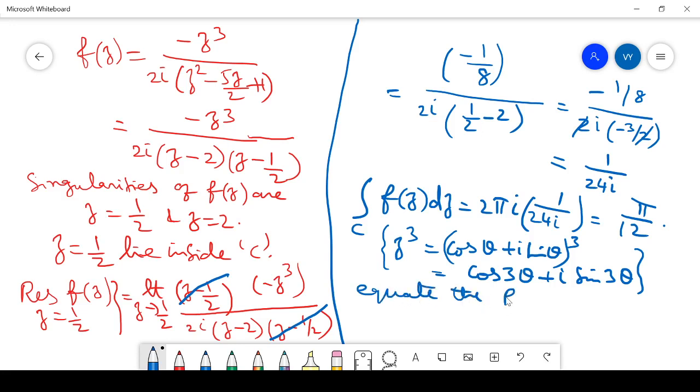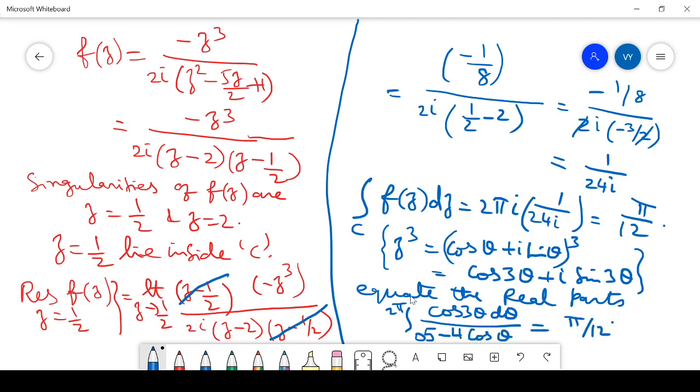When I equate the real parts, we get the integral from 0 to 2 pi of cos 3 theta d theta divided by 5 minus 4 cos theta, and this will be pi by 12. So this completes the evaluation of the given integral.